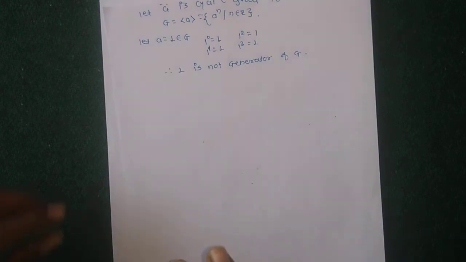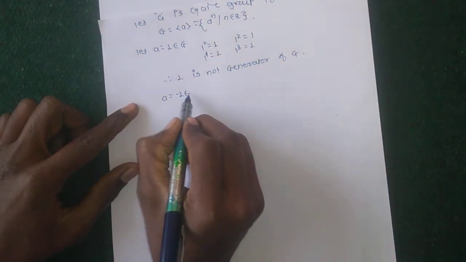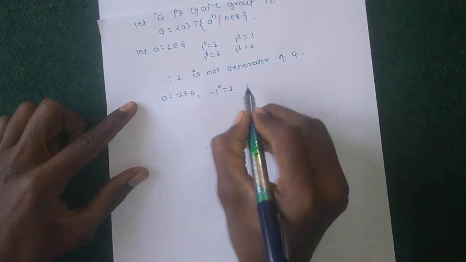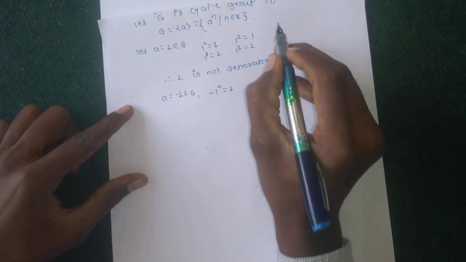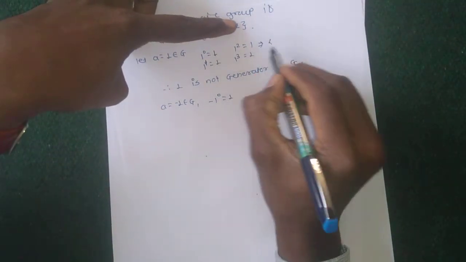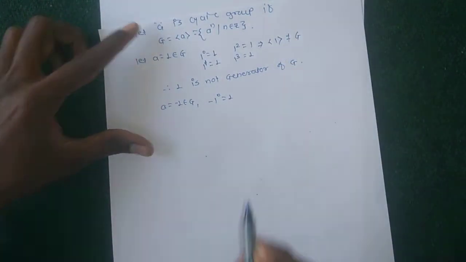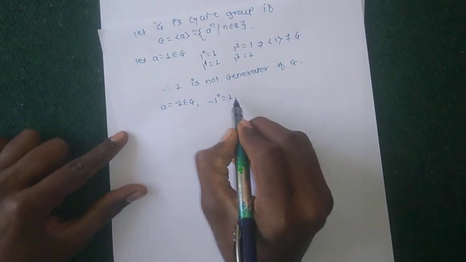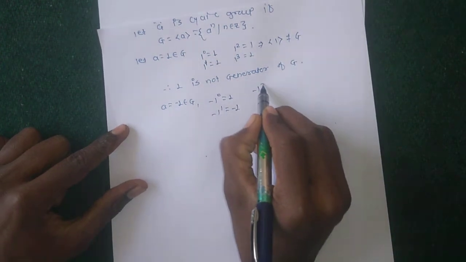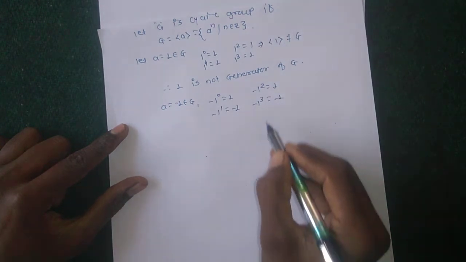Then let A equal -1, which belongs to G. Then -1 raised to 0 equals 1, -1 raised to 1 equals -1, -1 square equals 1, -1 cube equals -1, and so on.